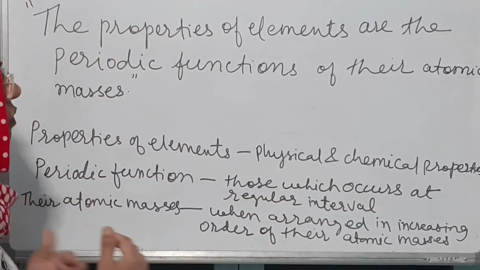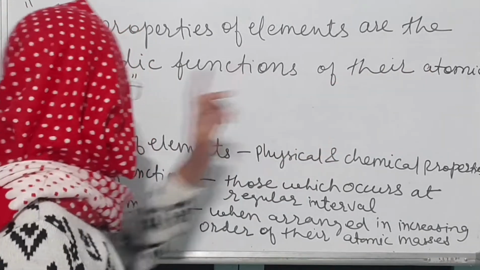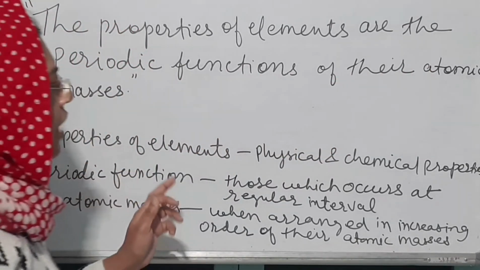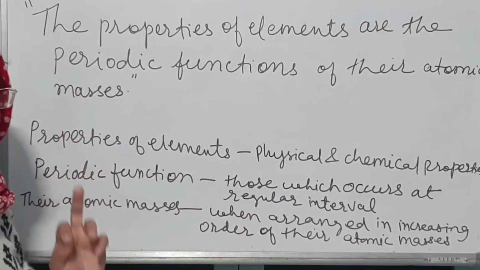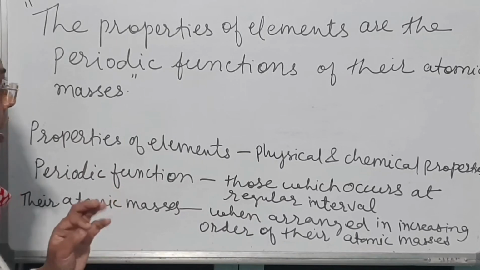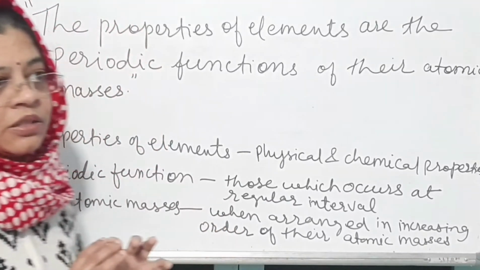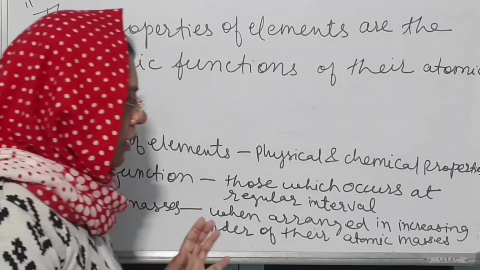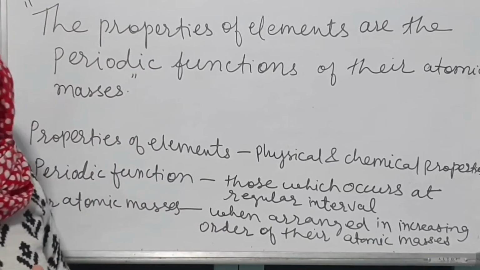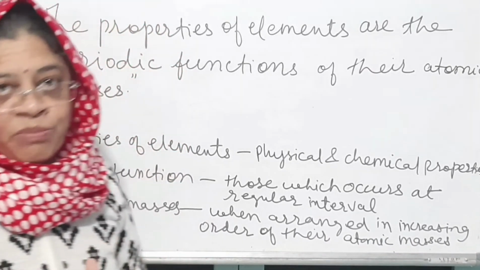There is a repetition of the properties of their atomic mass, meaning when the elements are arranged in increasing order of their atomic masses. In other words, when we arrange the elements in increasing order of their atomic masses, there is a periodic repetition of the properties of the elements.